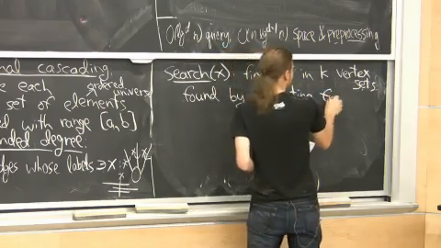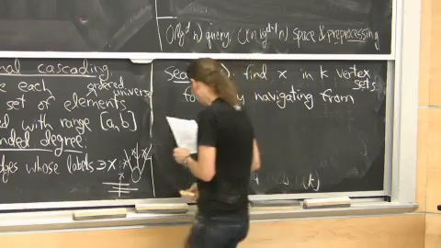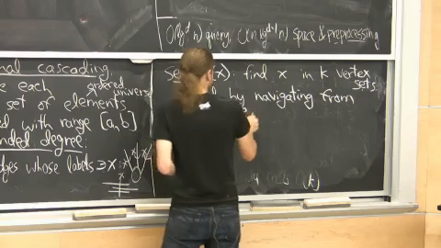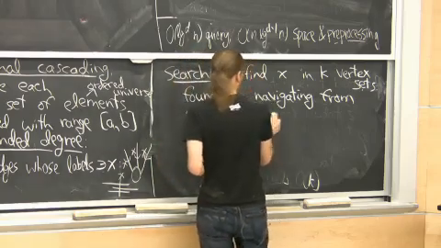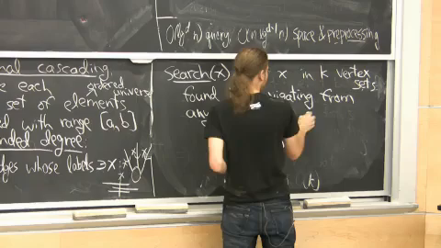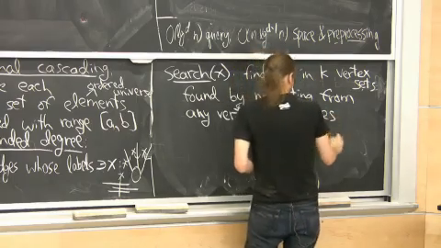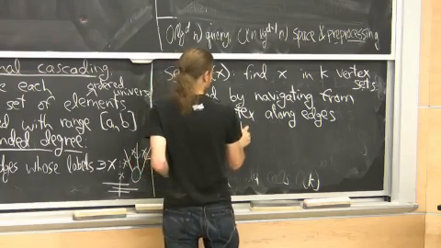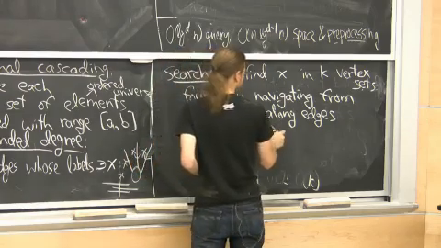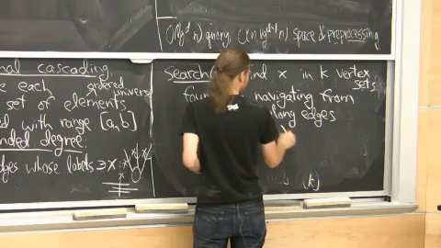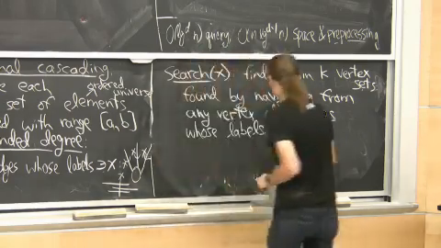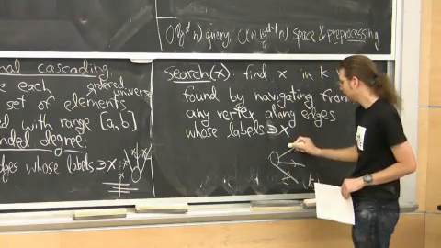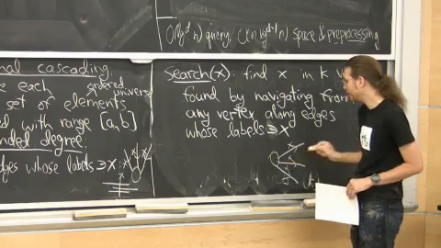They're found by navigating this graph, starting from any vertex. And we navigate by following edges whose labels contain x. So we start at some vertex in the graph. We can follow some edges that contain x. X is a valid choice here, inside the interval.